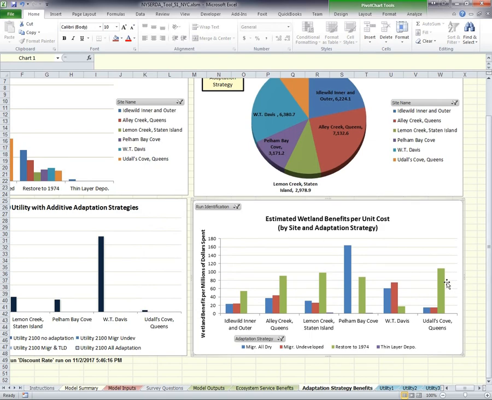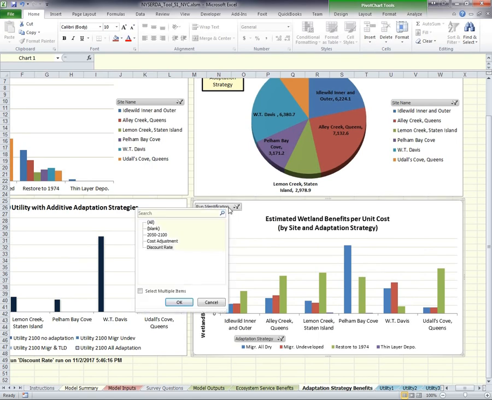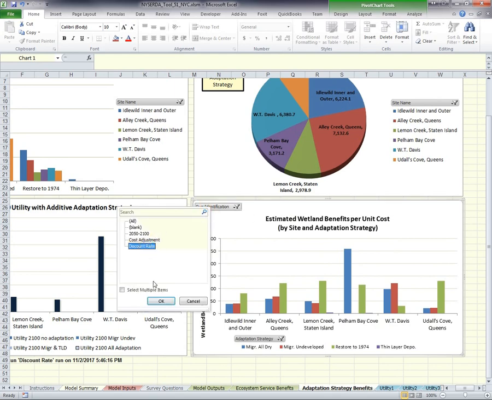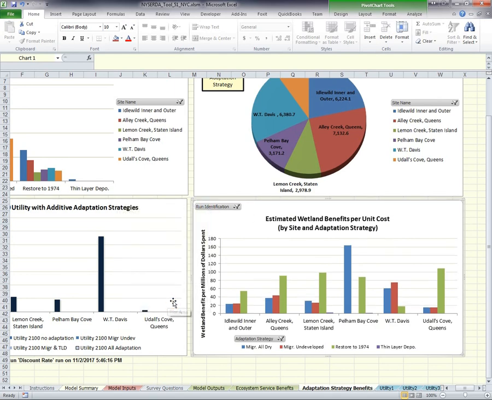It looks like the marsh restoration is even more competitive. Restored in 1974 is even more competitive than it was before in terms of the relative benefits that you get from that versus other sites.